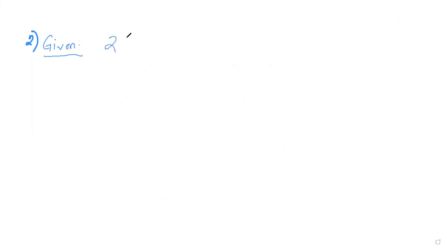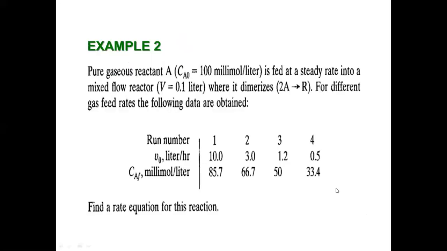So you have the reaction 2A forming 1 mole of R, and you started with a certain volume and a certain initial concentration. So let me go back to the problem first. I was not able to get a picture of that particular problem. So this is our problem.